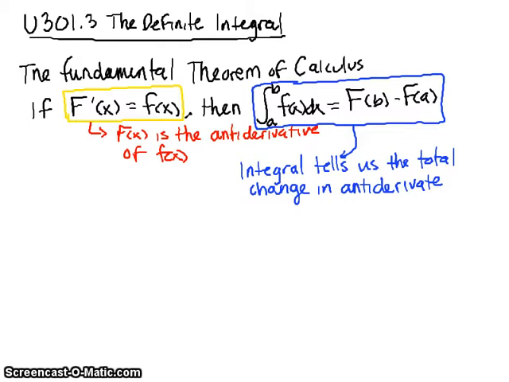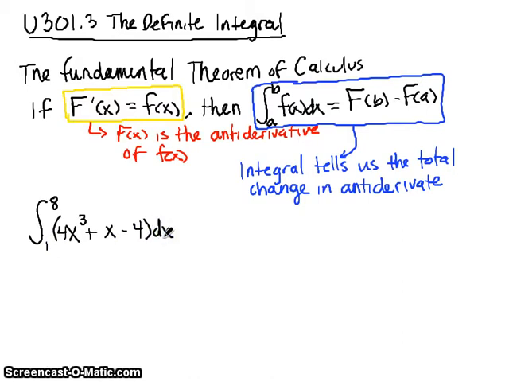All we really have to do is use the rules from the last objective, the last video, and plug in the upper limit, plug in the lower limit, and subtract. So let's take something easy: the integral from 1 to 8 of 4x to the third plus x minus 4 with respect to x.